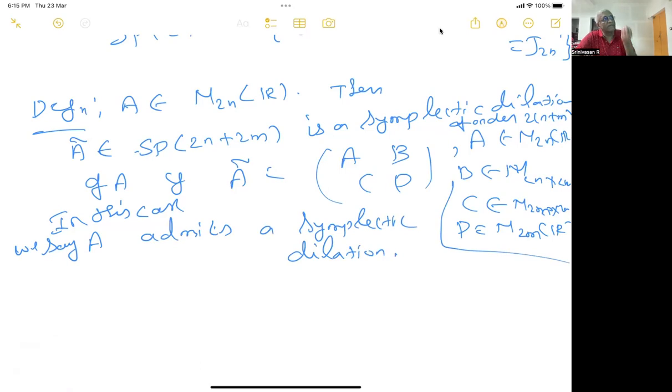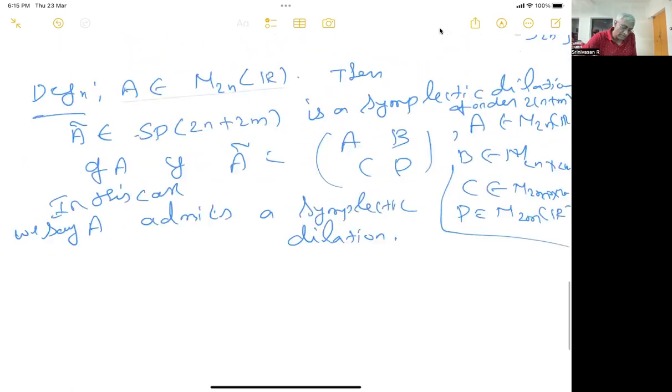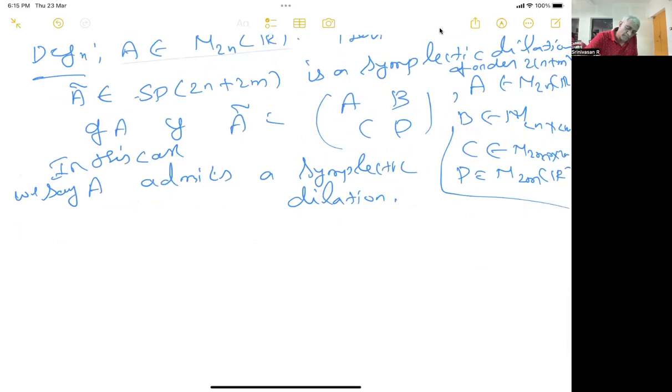We want to prove a theorem that every A admits a symplectic dilation. Okay? That's what, every A can be dilated to a symplectic operator. That's what we want to prove. So that is the theorem. Okay, I'll come to the theorem later. I'll write the theorem.